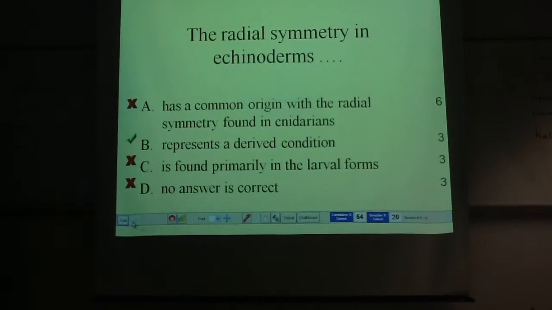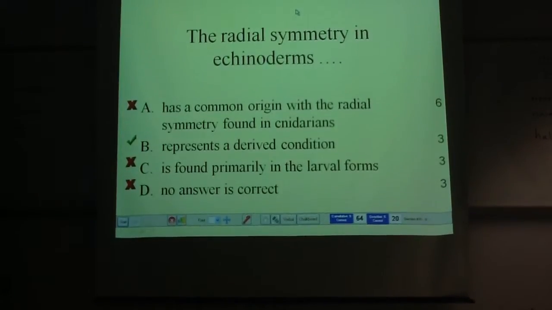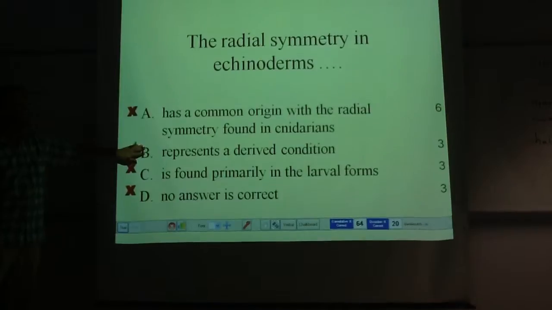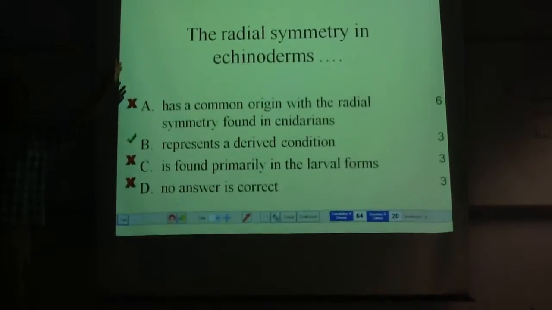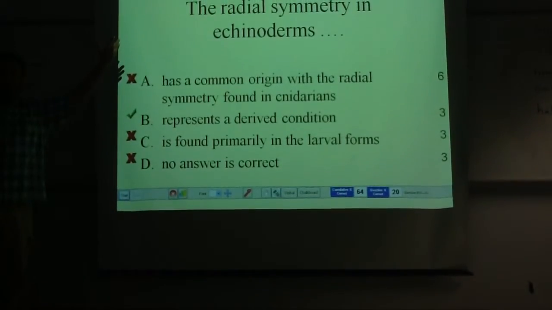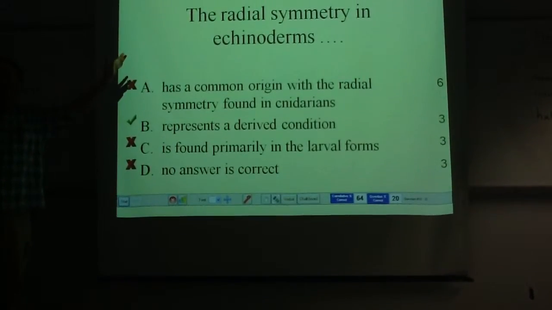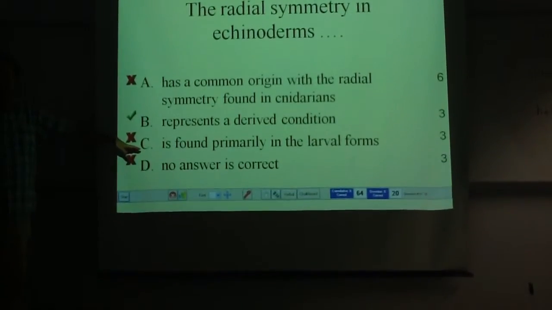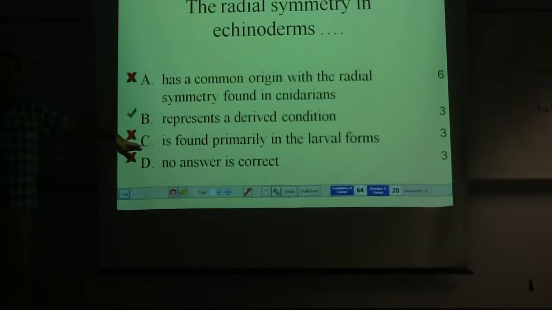Yeah, that's pretty bad. So like three of you out of 15 got it right. It probably represents something new for them. What major group of animals are echinoderms nested up inside of? The bilaterians. They're bilaterians, right? And in fact, their larval forms are bilaterally symmetrical. It's only as adults that they're radially symmetrical.